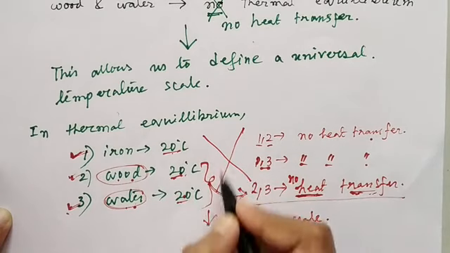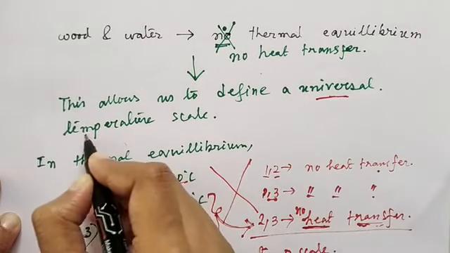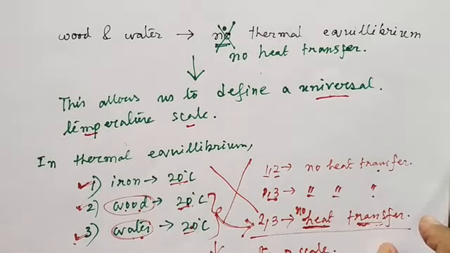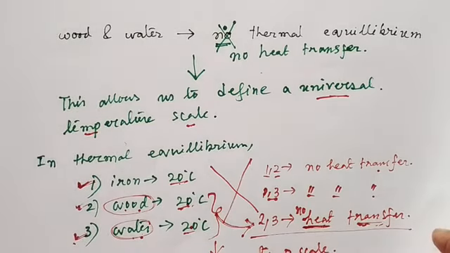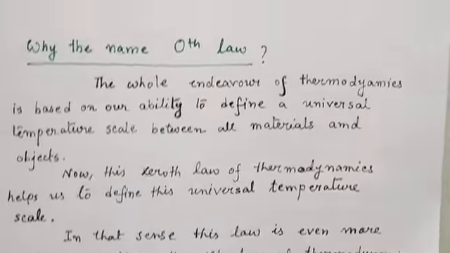So we don't have to invent or use different temperature scales for different pairs of objects. We can use one single universal temperature scale which can be used for every object, material or system.